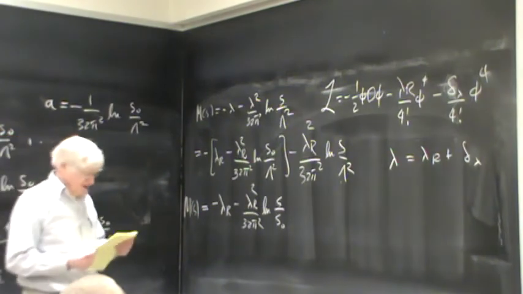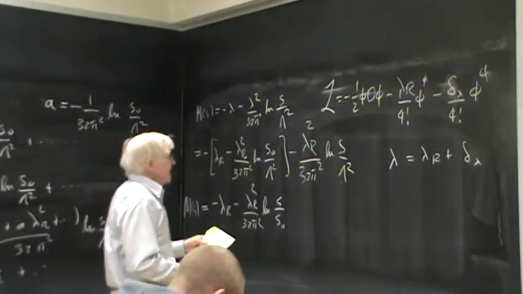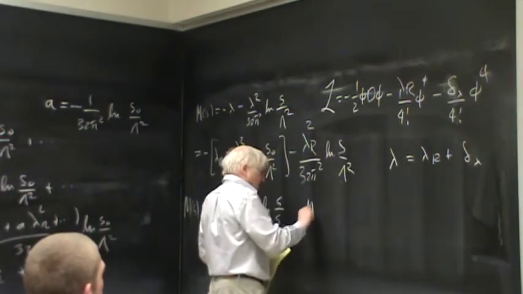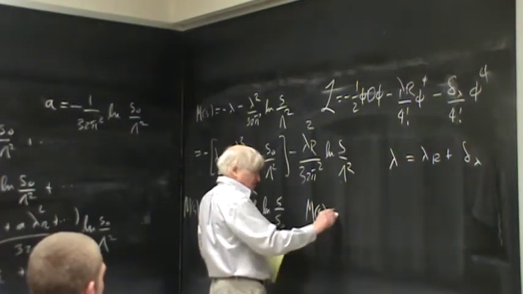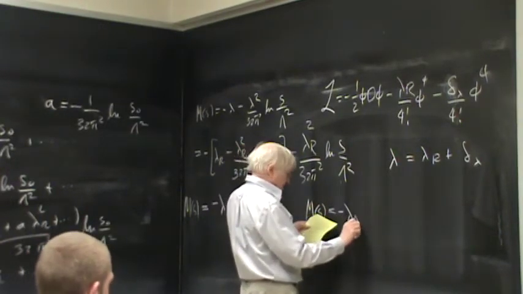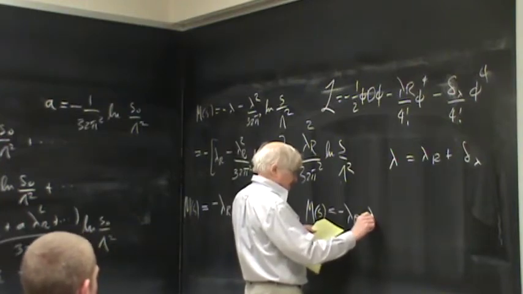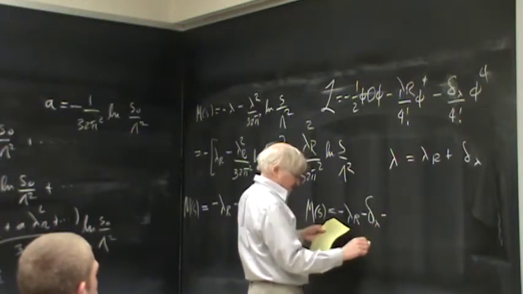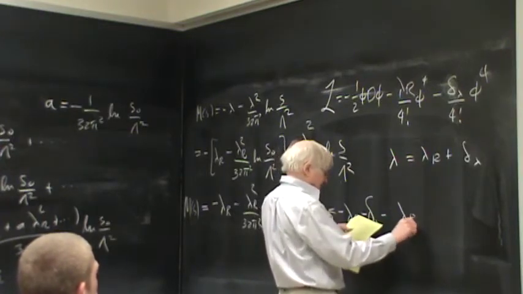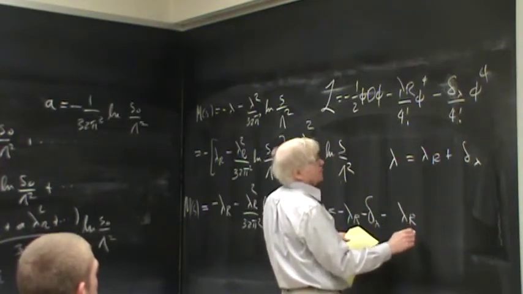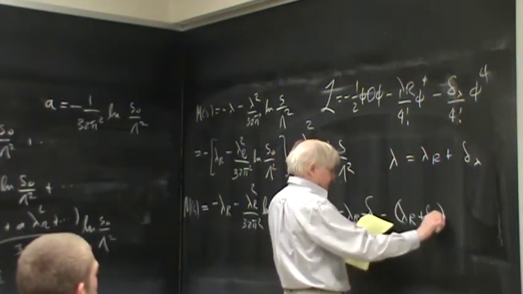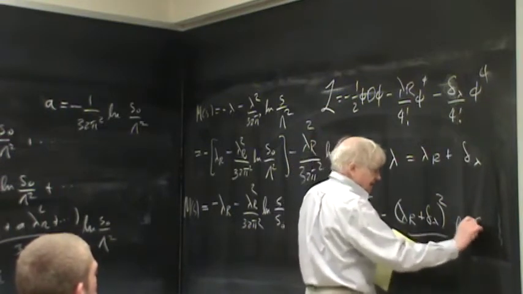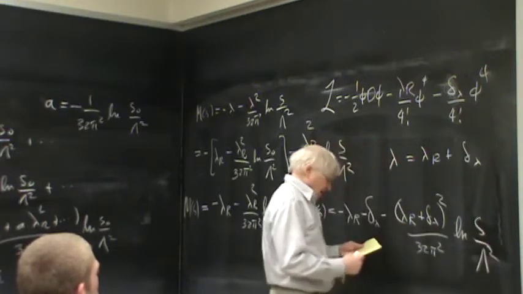Okay. So what do we do? Well, if we now use this action density to compute the s-channel amplitude, we get minus lambda r minus delta lambda minus lambda r plus delta lambda squared over 32 pi squared log s over lambda squared.